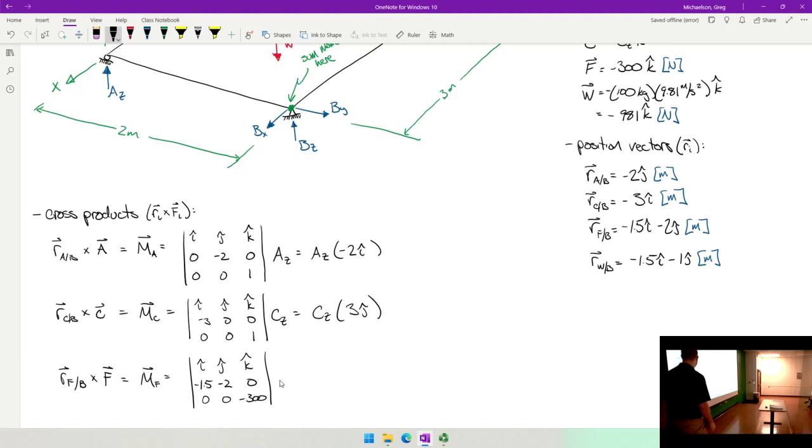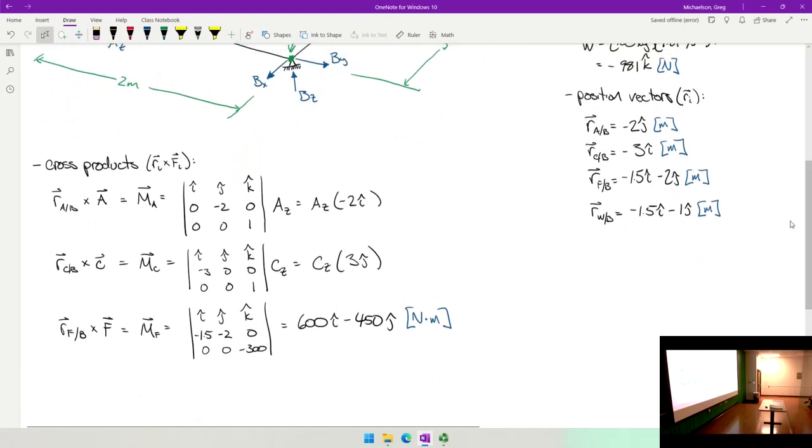Instead of a variable here, we actually know that the force vector is negative 300. So we could check this one out directly. And fortunately, the math works out pretty nice. We get this. Now the units, let's be clear, are Newton meters.